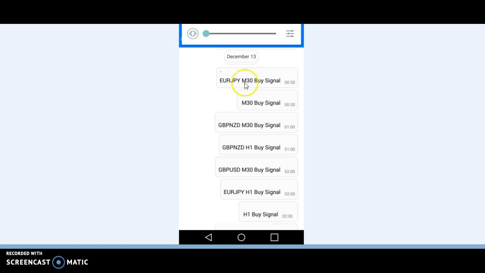So here we have on December 13th, Euro Yen 30, there was a buy signal, and it looks like we had another one in about an hour and a half later. So let's check these out on this.